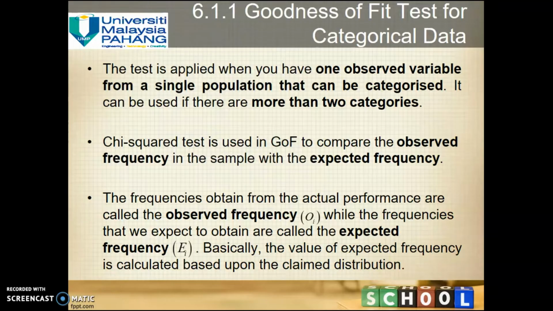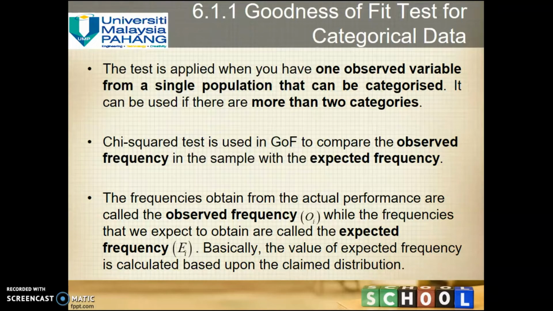We have many types of juice, and it must be more than 2 categories: type A, B, C, D, and so on. If you have a single category or 2 categories, you can use a statistical analysis from chapter 3, which is hypothesis testing for the proportion, because what we have here is qualitative data.